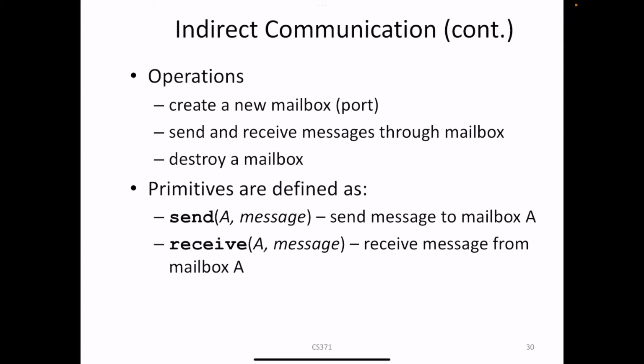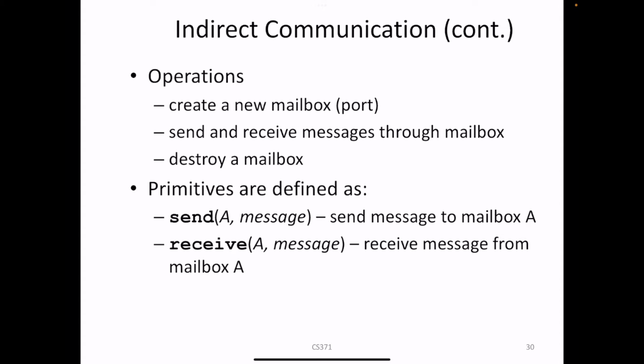The primitives are defined as follows. We still have send and receive operations, but instead of adding the process ID into the operation, we add a mailbox ID as a parameter. Then the message will be sent to or received from the mailbox instead of directly from processes.